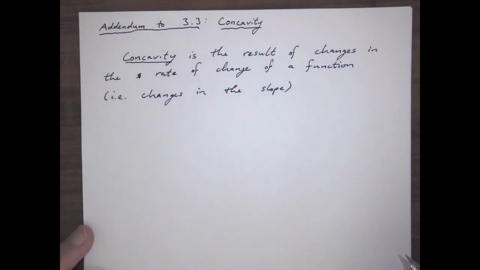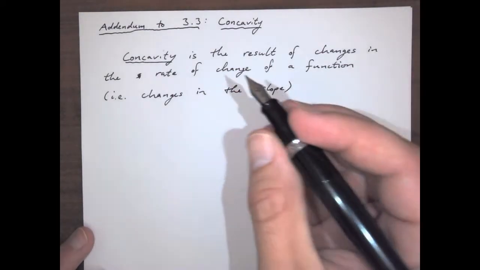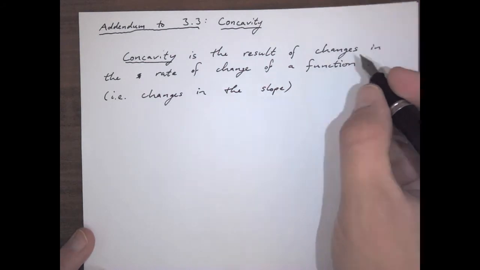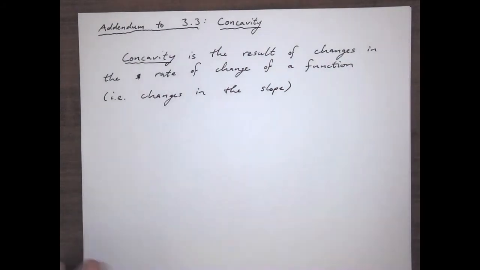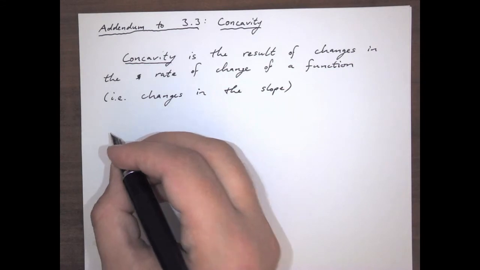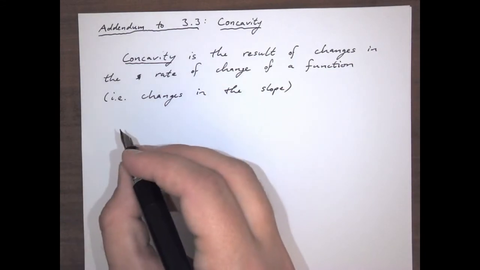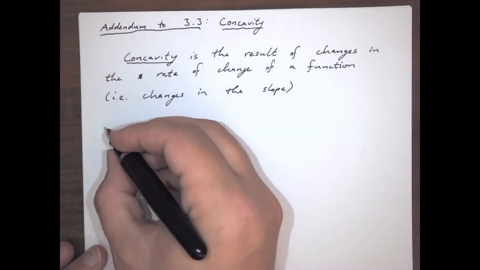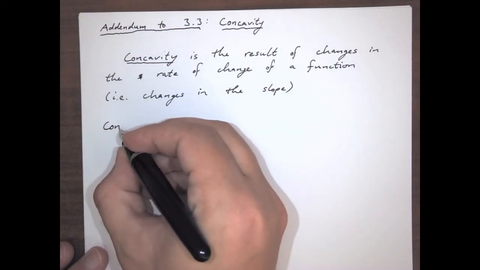All right, so let's think about what this means. Whenever we say changes, we mean as it goes from left to right. So there are two flavors of this. Either the rate of change can be going up as we move from left to right, or it can be going down as we go from left to right. So concave up.